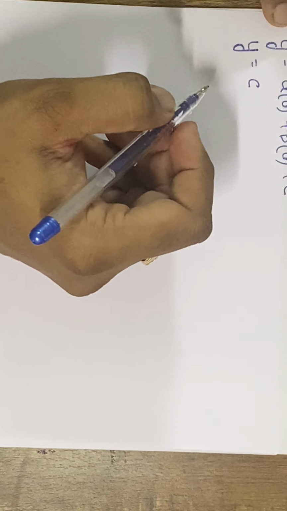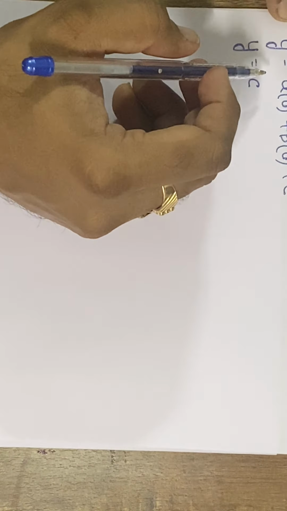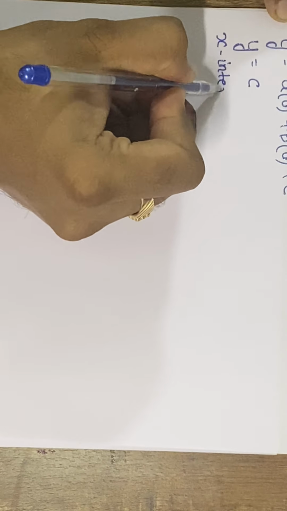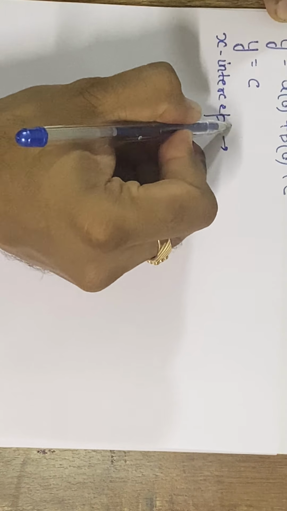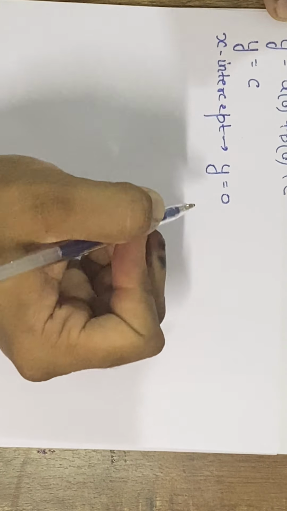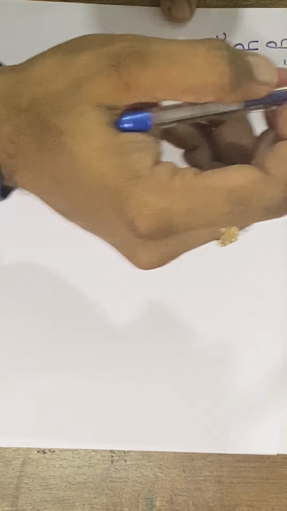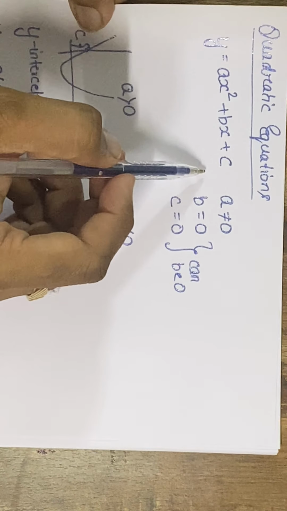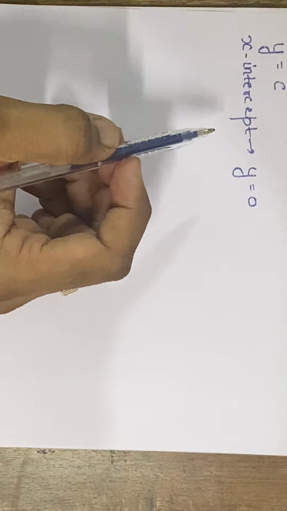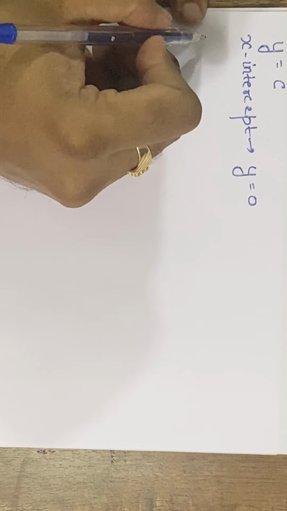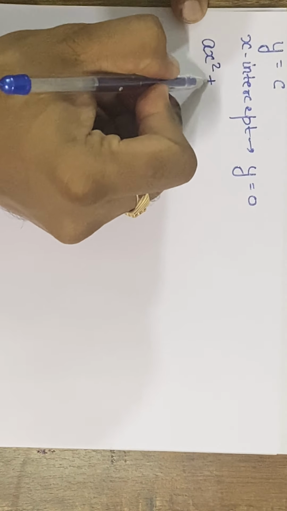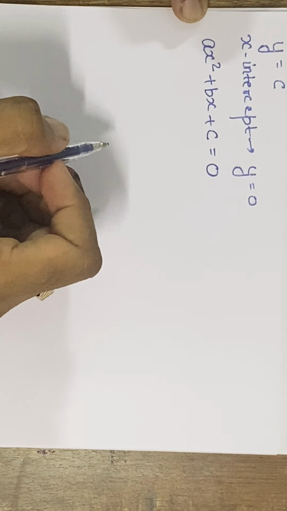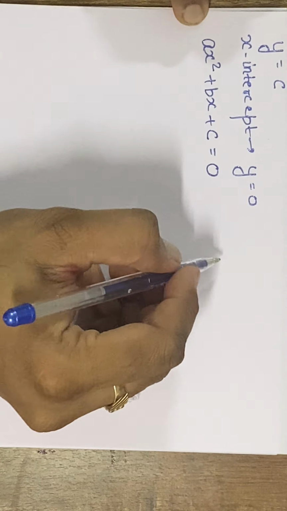If you want to find where it cuts the x-axis, that is the x-intercept, you have to put y equal to 0. Now, if you put y equals 0 in the equation y equals ax squared plus bx plus c, the equation will become ax squared plus bx plus c equals 0.